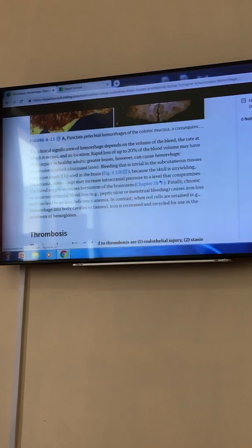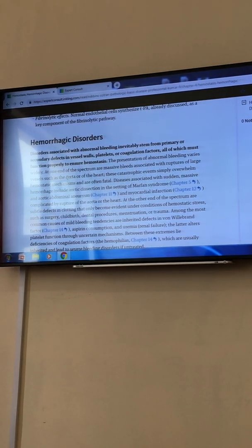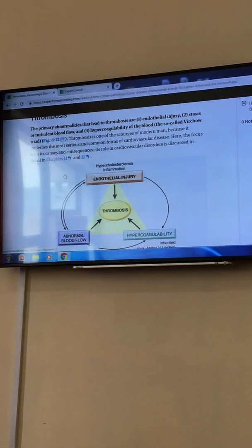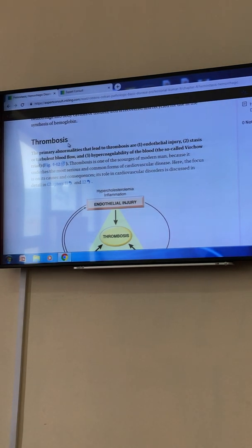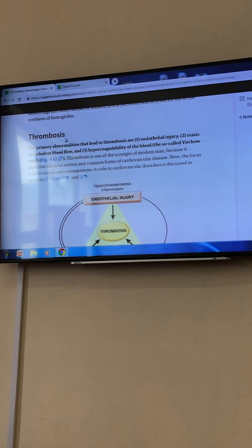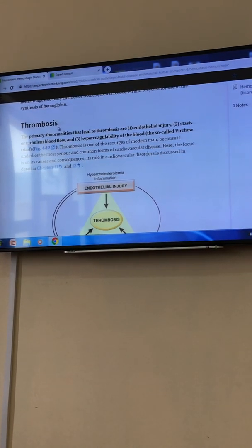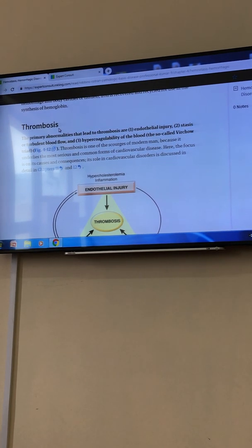The bleeding disorders will be explained in more detail in the chapter of hematology, red blood cell disorders and bleeding and clotting disorders. But here our emphasis is on thrombosis. Thrombosis means clotting, formation of something like a blood clot composed of platelets, red blood cells and fibrin, which obstructs vessels, including veins and arteries.